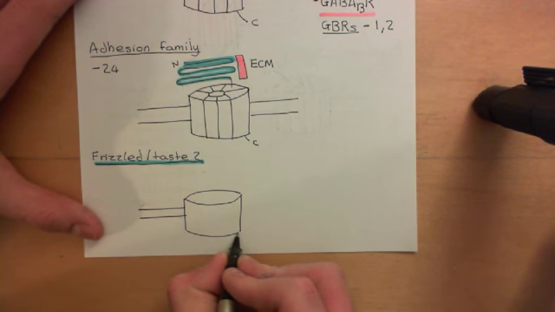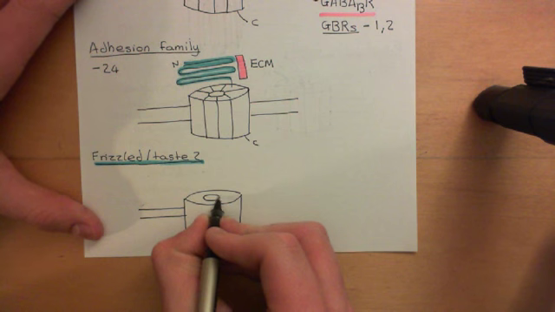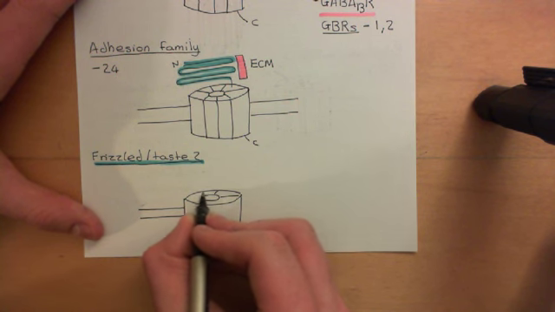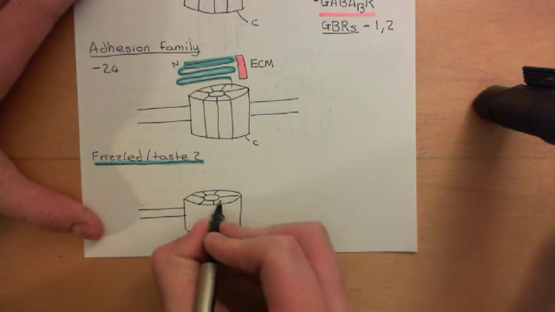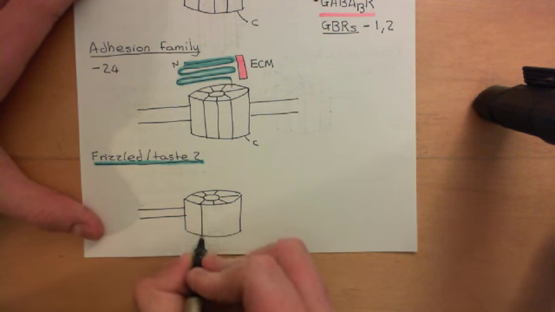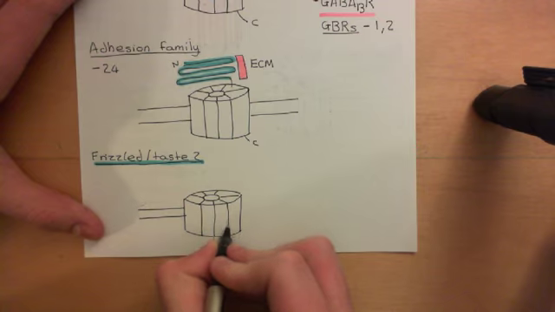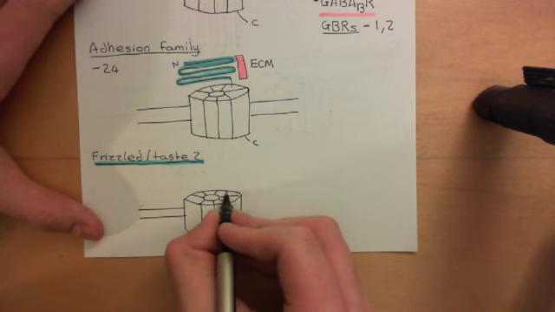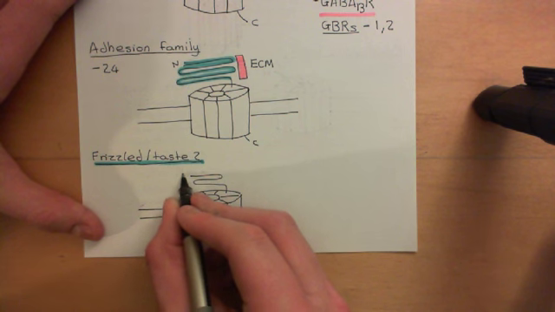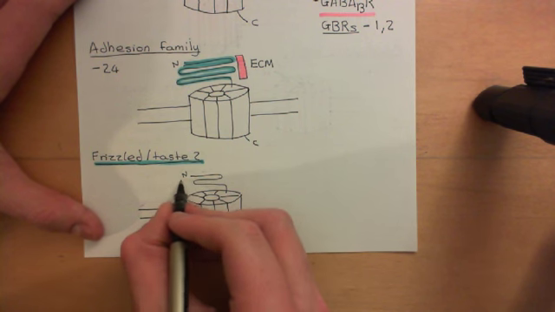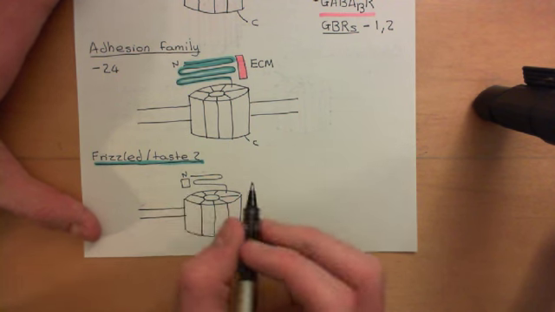So once again, here is the 7 membrane spanning alpha helix bundle: 1, 2, 3, 4, 5, 6, 7. And again, they'll have a reasonably large amino terminal domain here, and they'll bind that little ligand here.